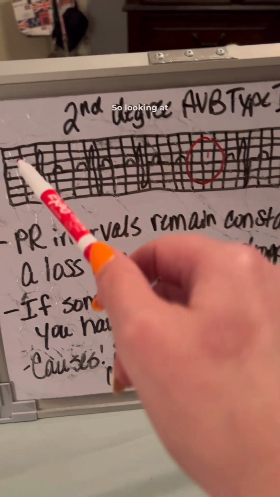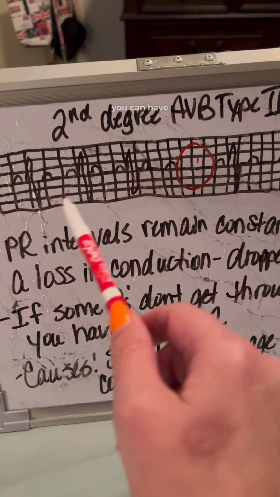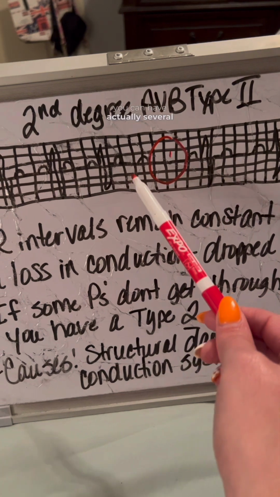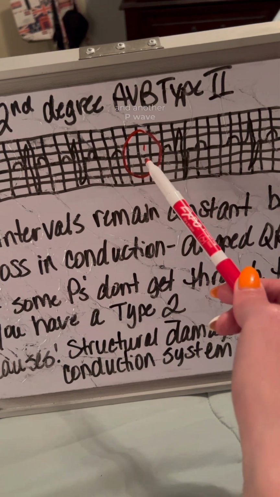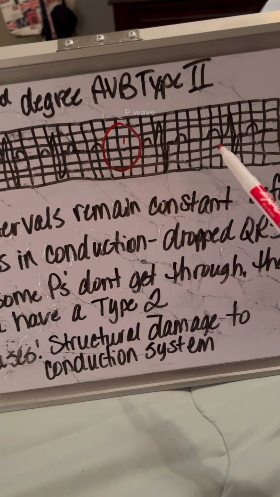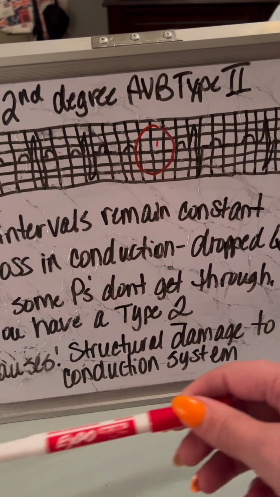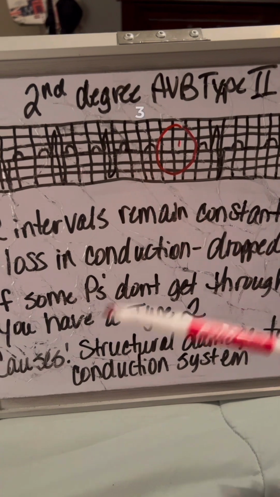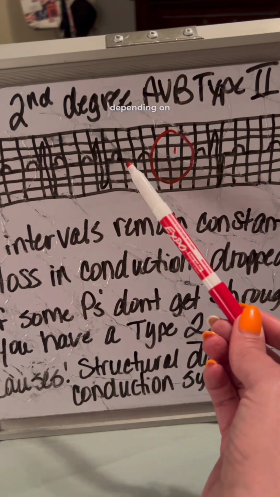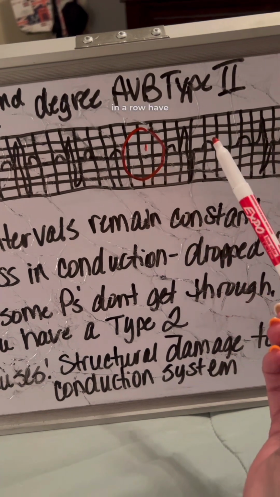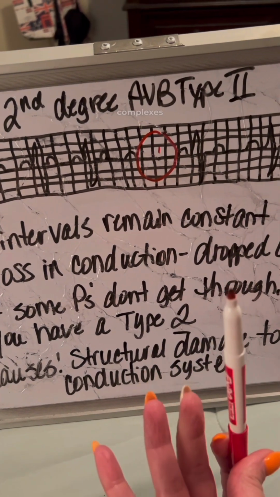So looking at our strip, you can have actually several P waves. A P wave, dropped QRS, and another P wave, no QRS, and another P wave. And so that would be a 2-to-1 or a 3-to-1 second degree AV block type 2, depending on how many P waves in a row have dropped QRS complexes.